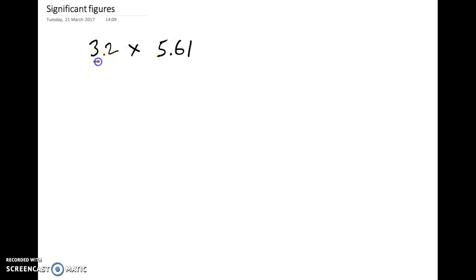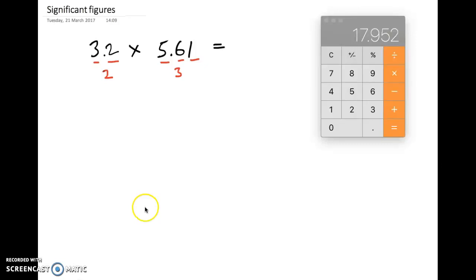So we have 1, 2 here, two significant figures, and we have 1, 2, 3, three significant figures. Now if we multiply these two together and put it in the calculator, we get 17.952.